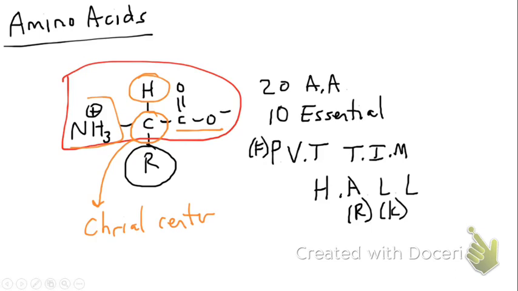As long as this nitrogen group is on the left side, that denotes the L form, and L amino acids are the only ones that we're going to talk about. L does not describe how light is rotated, if at all, like you might normally talk about S and R with your chiral centers. We're not going to worry about that. We use the L. We don't really know why the L form amino acid is naturally used. Some bacteria actually use the D form just to kind of throw us off.